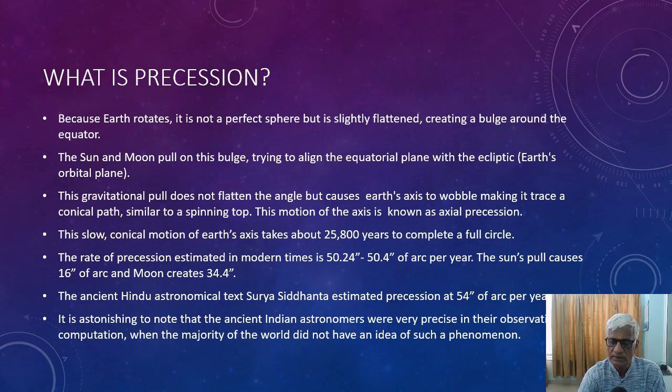Since it is going around the Earth, it also goes around the Sun. These two bodies, which are primarily affecting the Earth, cause some pulls on the Earth, changing its rotational path.